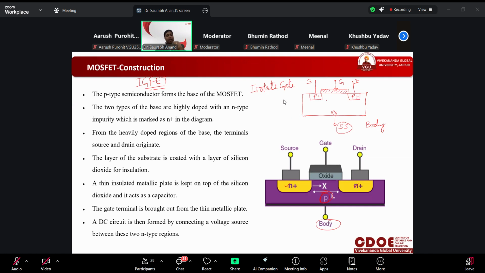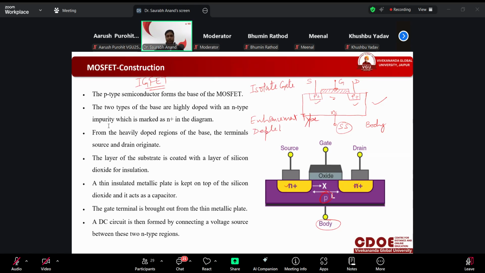Now we have two types of MOSFET. One that we have drawn here is known as enhancement type, in which there is nothing between this source and this drain. But if we draw one channel, then it will become depletion type.